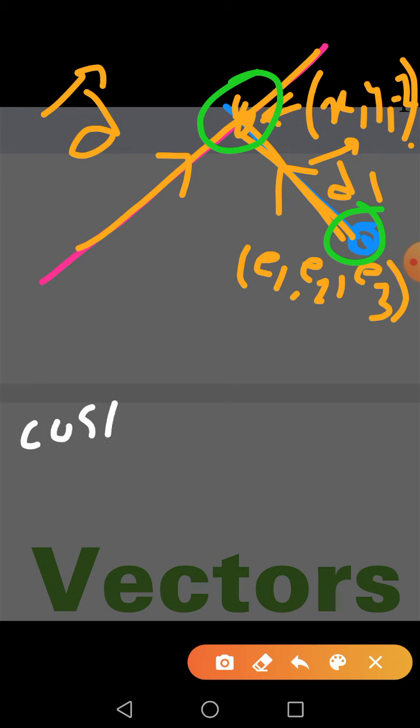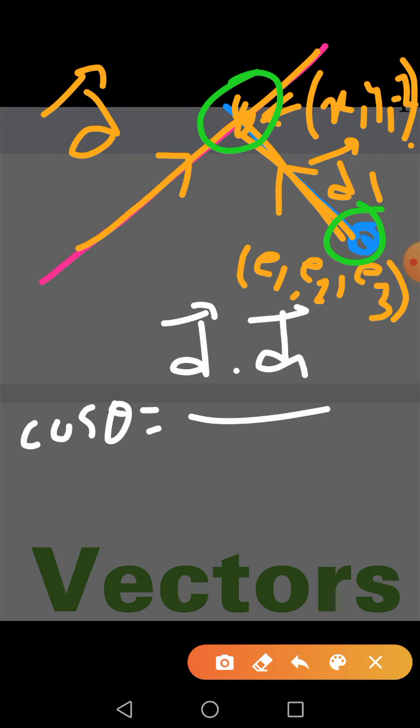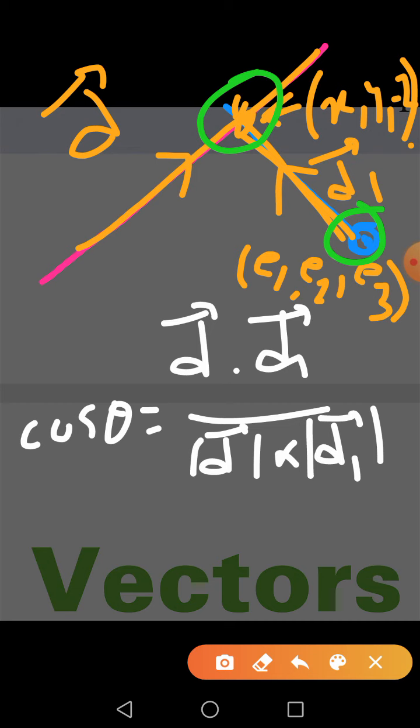Cos theta will be equal to the dot product of the vectors divided by the product of the magnitudes of the vectors, d and d1.